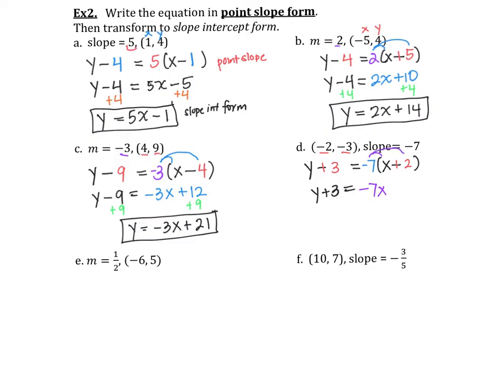Negative 7 times 2 is minus 14. Minus 14 minus 3, that's definitely negative. 14 negatives and 3 negatives gives me 17 negatives. So y equals negative 7x minus 17.